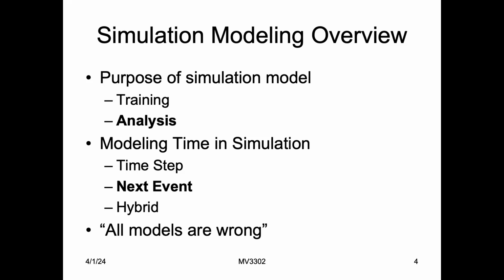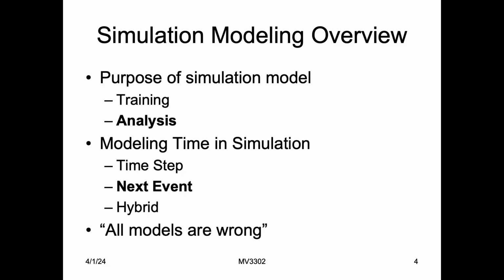You may be used to the most simple, most straightforward way, which is called time step, and you're going to hear a lot of complaints about that. Why is discrete event simulation called discrete event? What is so discrete about it? What is discrete about it is that the events are the main focus, and when the events occur is the main orientation.